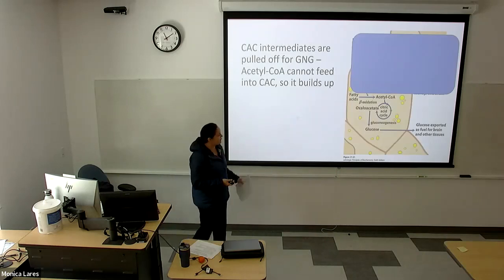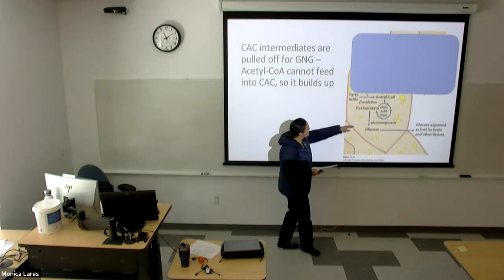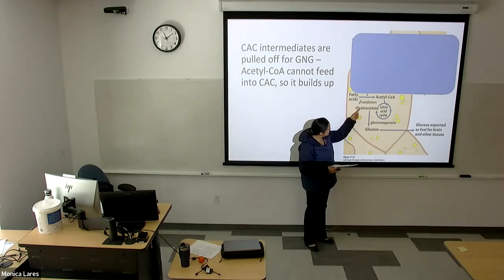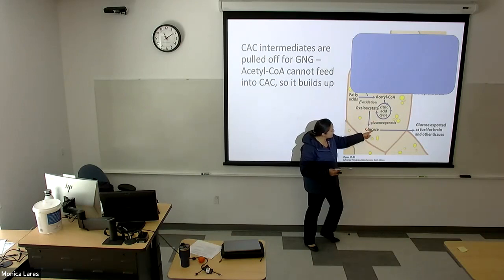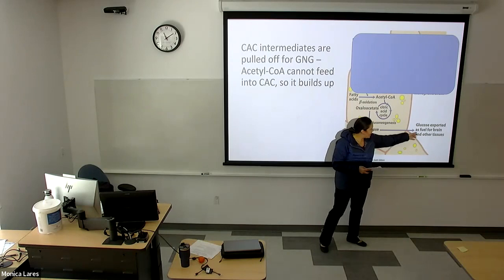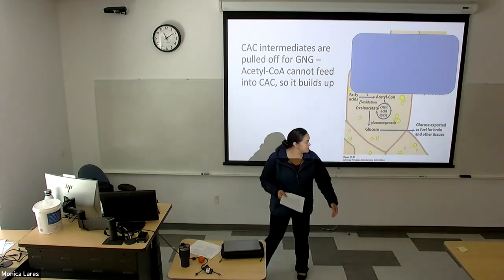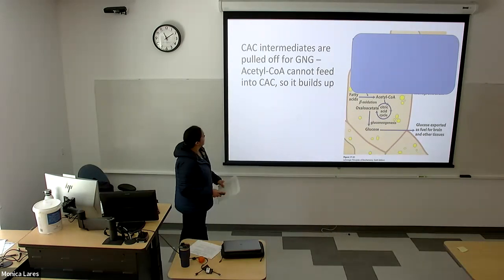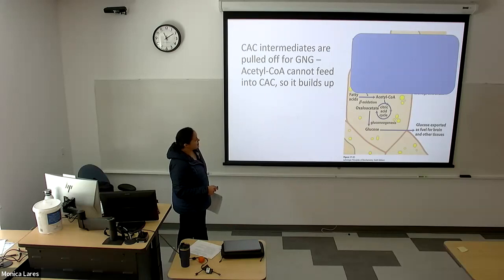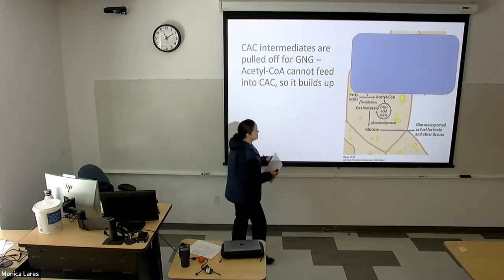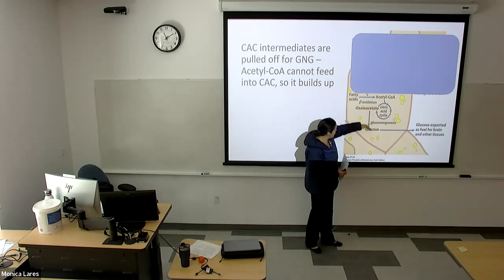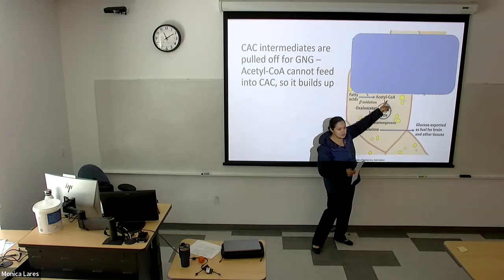But here's the rest of that figure. We're pulling off oxaloacetate from the citric acid cycle to go through gluconeogenesis to make glucose. In the liver, the glucose gets exported as fuel for the brain and other tissues. But then that means this acetyl-CoA doesn't have that oxaloacetate. If a lot of it is getting pulled this way, then there's less of this to combine with acetyl-CoA.